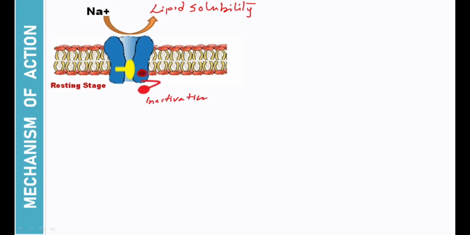This is the inactivation gate, and this is the activation gate. But as we have told, lipid solubility is an important requirement for a local anesthetic to enter the cell.